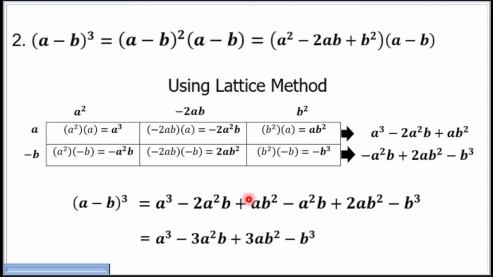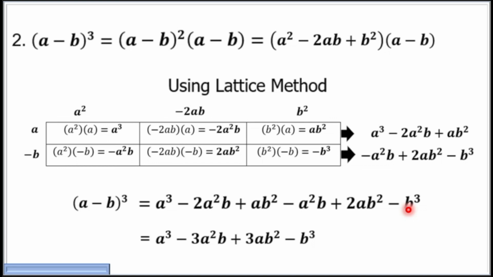How about ab squared? Same sign, add 1 plus 2, 3, then just copy, since they have the same base. Then minus b cube.